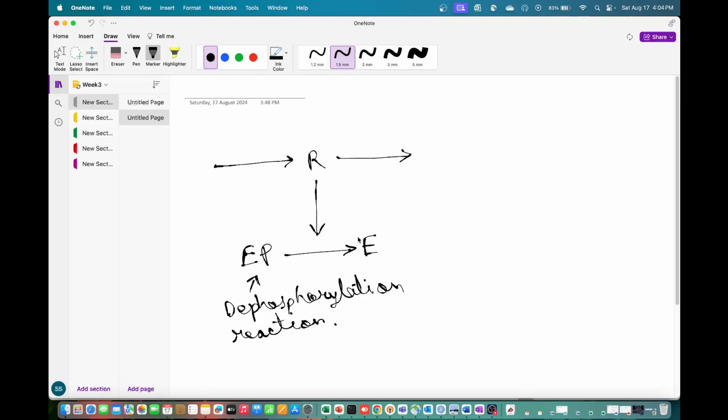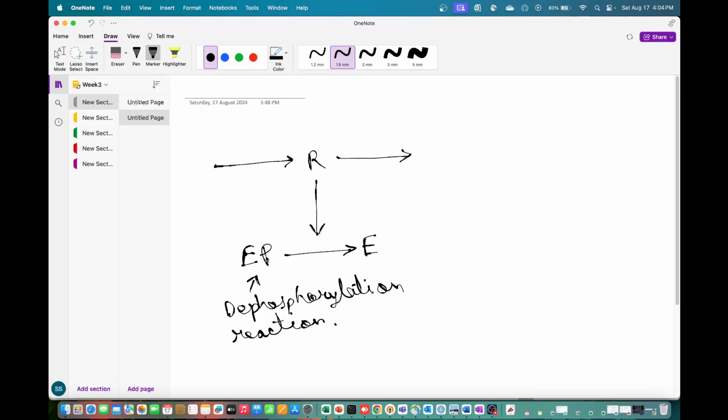So phosphorylation is a major tool used in the cellular system and signaling networks particularly, where phosphorylation and dephosphorylation of a compound leads to its activation or deactivation. This is something you'll see very commonly.